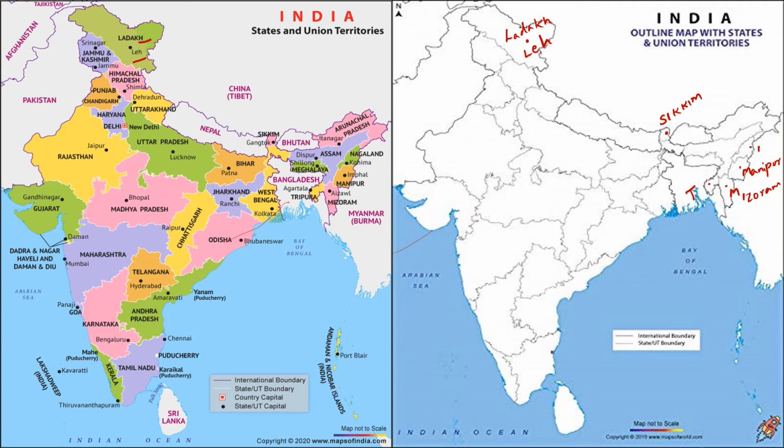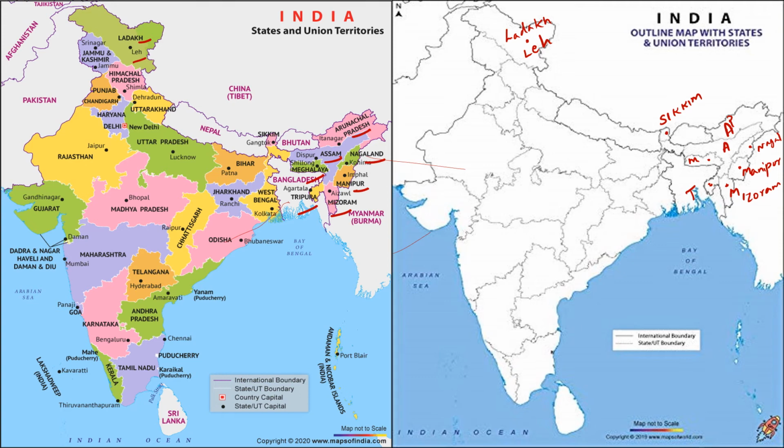The main thing is you should not keep the points in the other states. Mark the points in the correct manner. And Meghalaya here, then Assam, then Arunachal Pradesh. If you make these points, you need to write them correctly: Tripura, Mizoram, Manipur, Nagaland, Assam, Meghalaya, then Arunachal Pradesh.